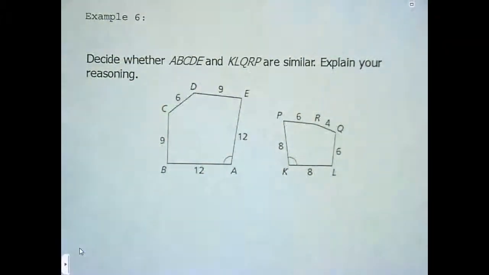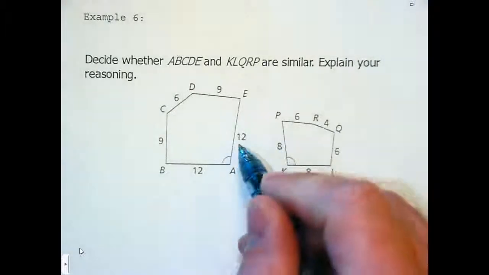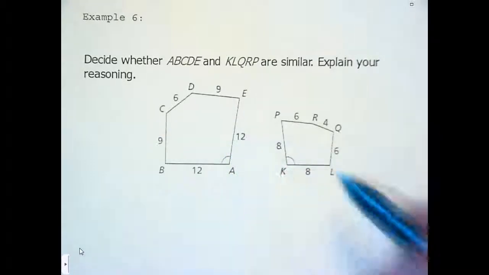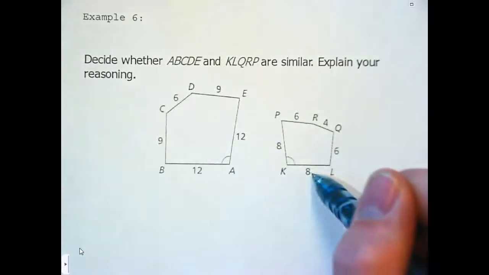Are they similar? Yes, yes they are. Yes? Are we sure? Yeah? Looks like we have two angles that are similar. 8 is to 12. Is that true? Are we comparing the correct things? The bottom of BA or AB.